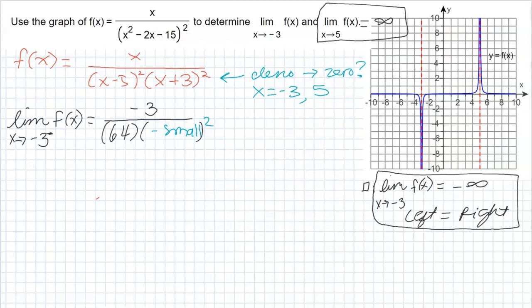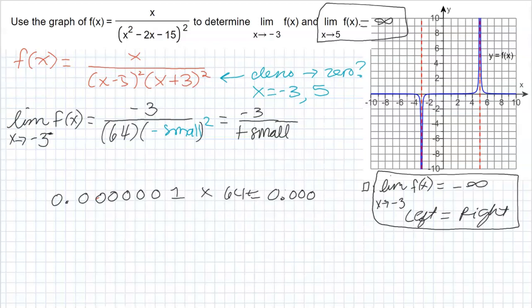However, the most important part is that when you have a negative number and you square it, you would have a positive number. Times 64, a really tiny number is still going to be a small number. For example, 0.000001 multiplied by 64 is still 0.000064, right?